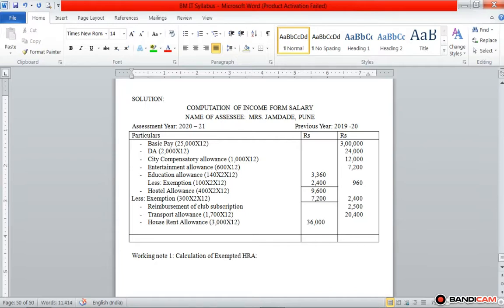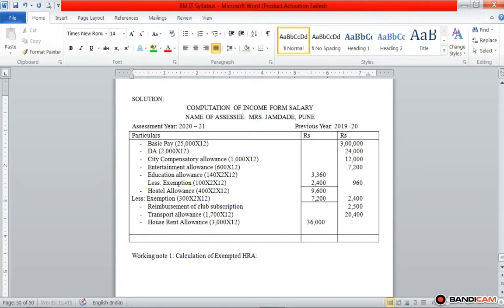Then first of all, to compute the salary for calculation of HRA. So here first of all determine the salary.